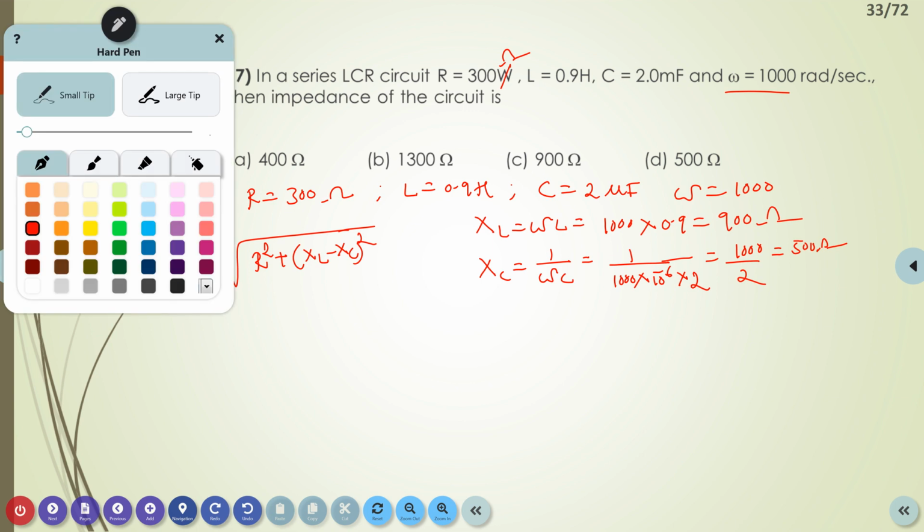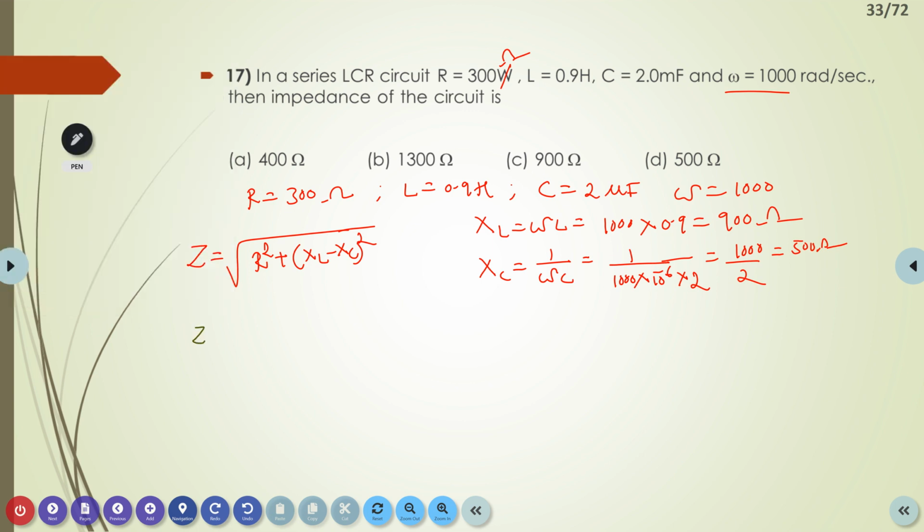Now I will substitute all the values. Z equals square root of 300 square plus (900 minus 500) square. Here 100 is common in all the cases.